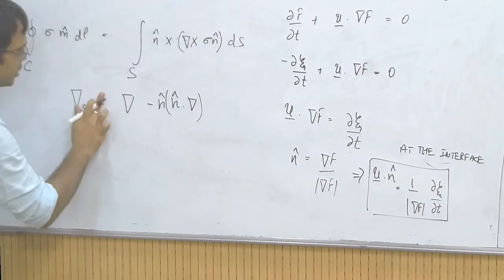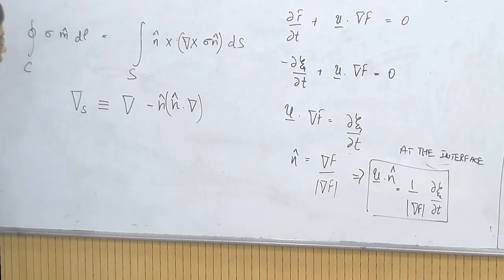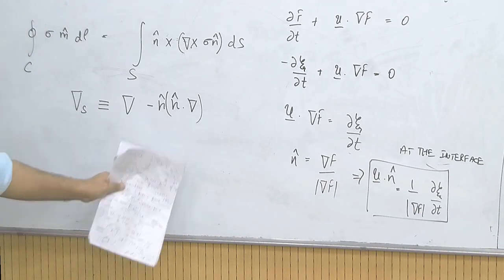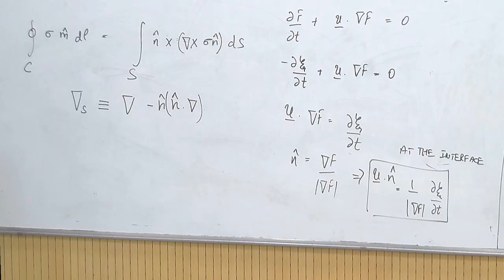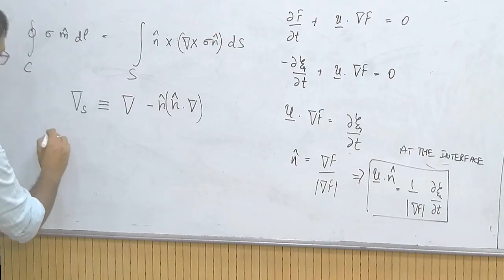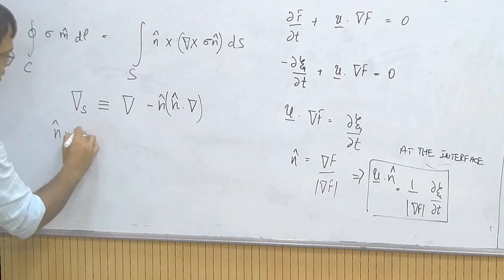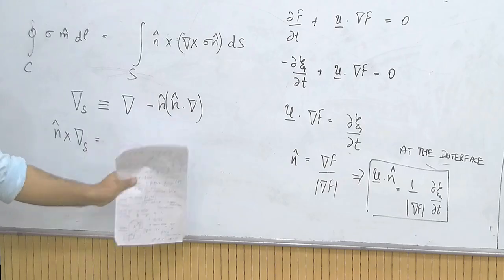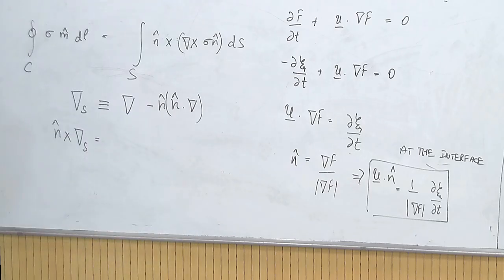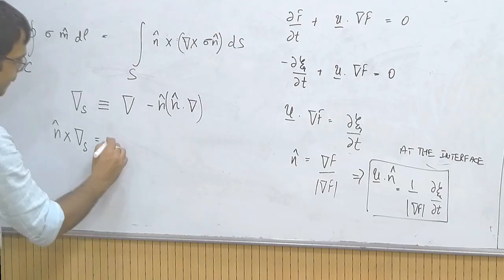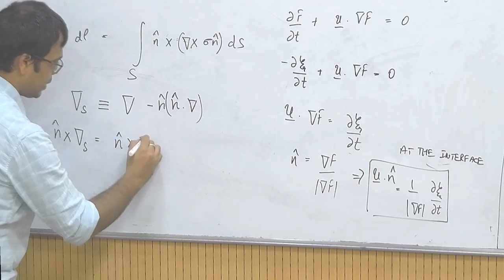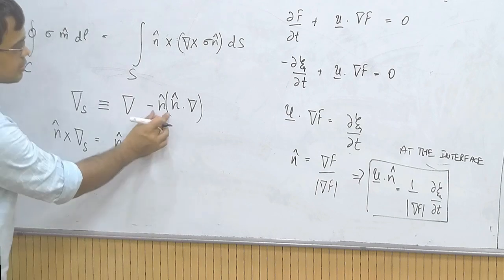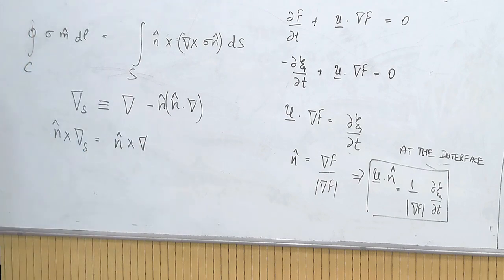So this is the definition of my surface gradient operator. And so what is n hat cross grad s going to give me? If this is the definition of grad s, then n hat cross grad s is this, because the normal part is in the direction of n hat.